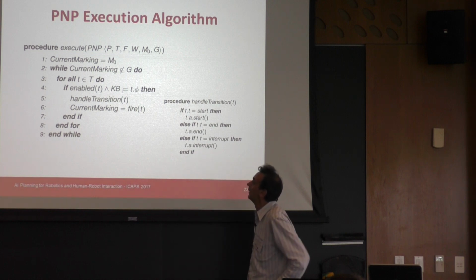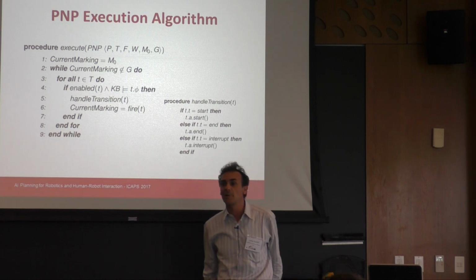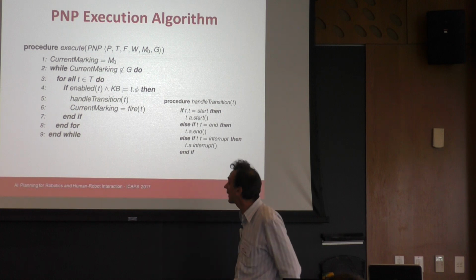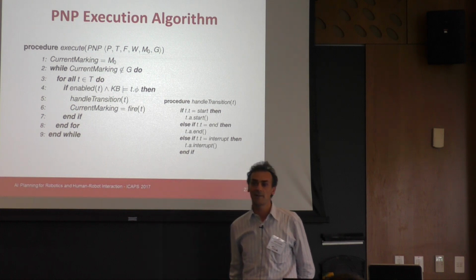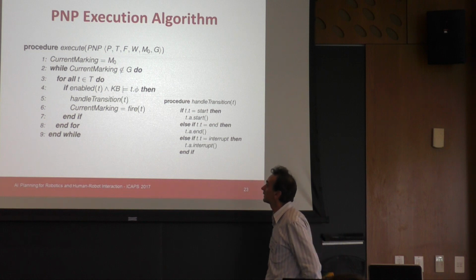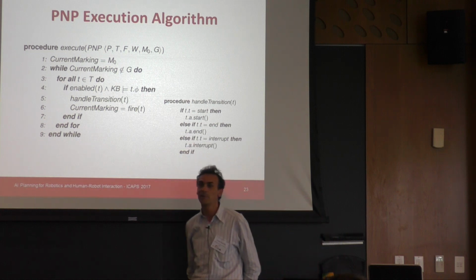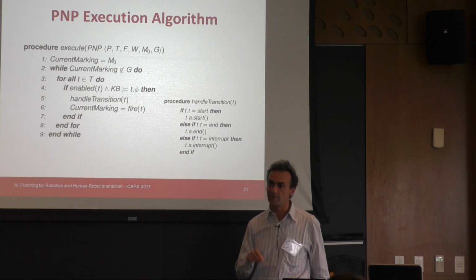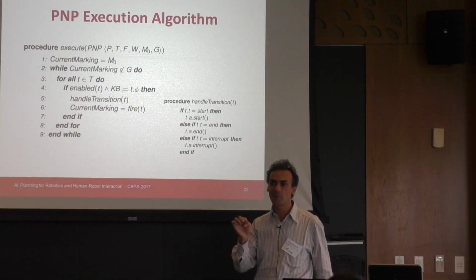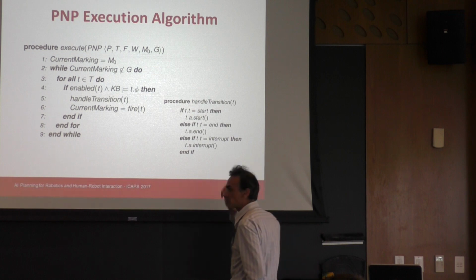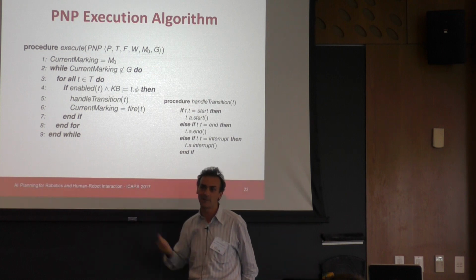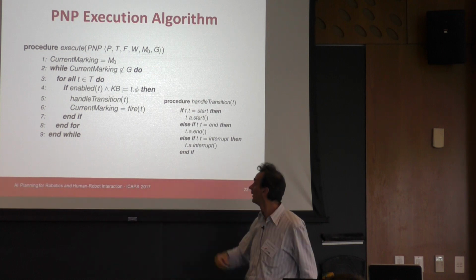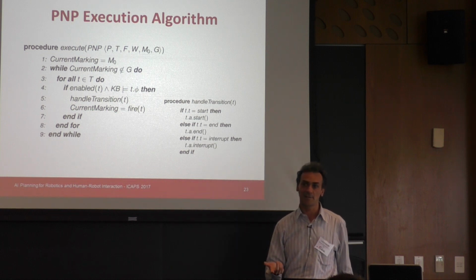And what we do is very simple, just apply the firing rule. So we check all the transitions that are enabled, and for all the enabled transitions, we check if the conditions are true. For each transition that is enabled, so that means that there is a token just before it, and for which the condition is true, and this is done by just querying the knowledge base, then we activate the transition.